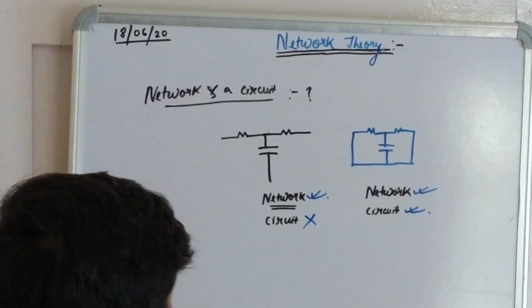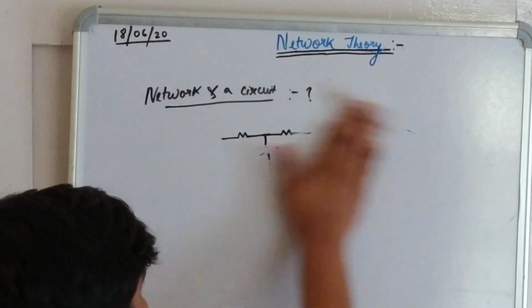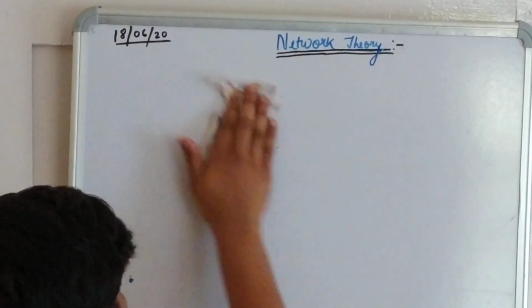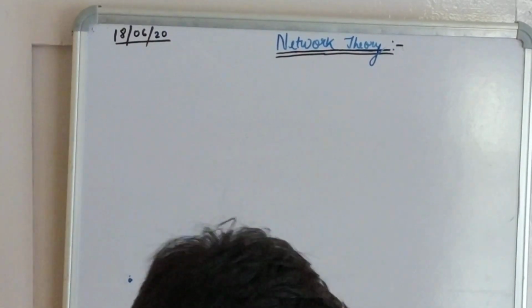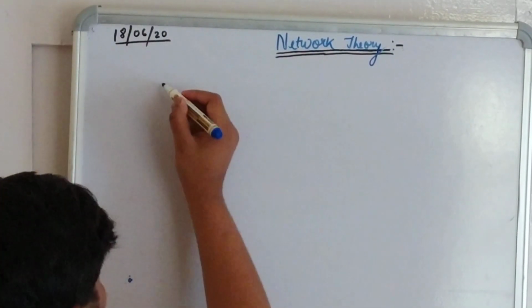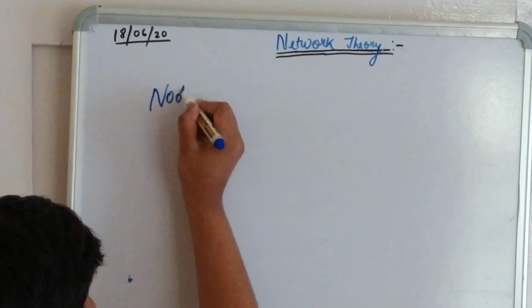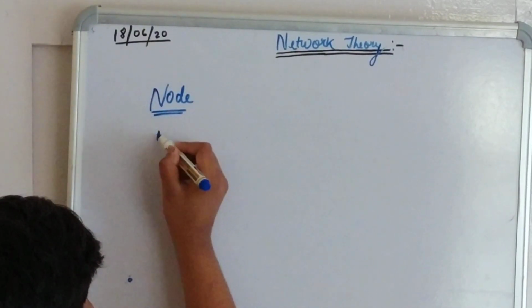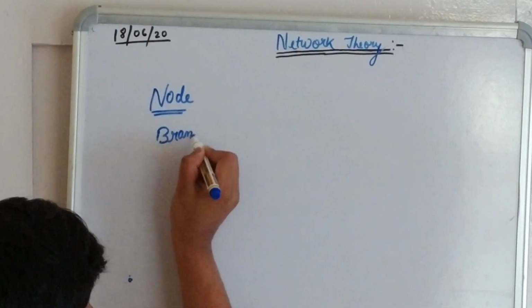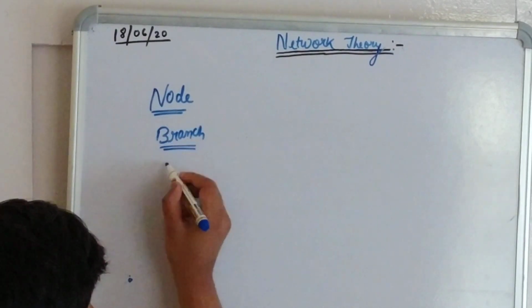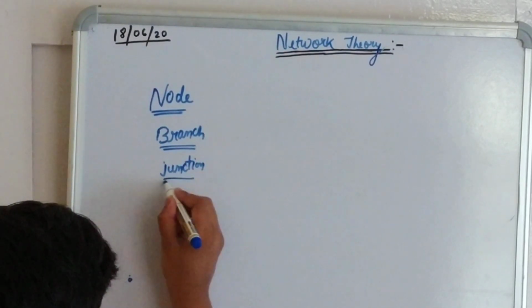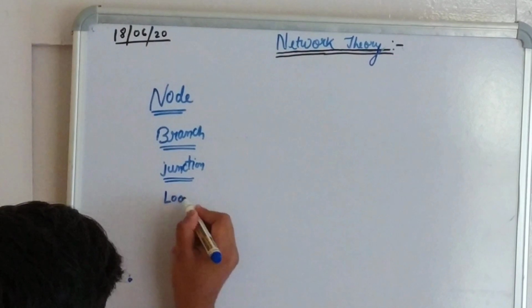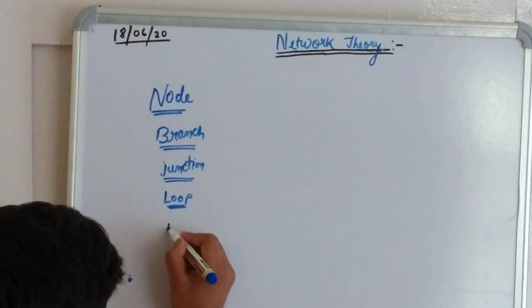So next, what is a node, branch, junction, loop, mesh?